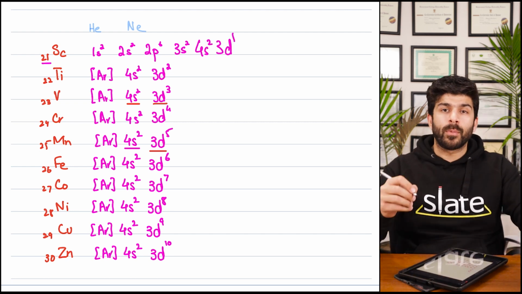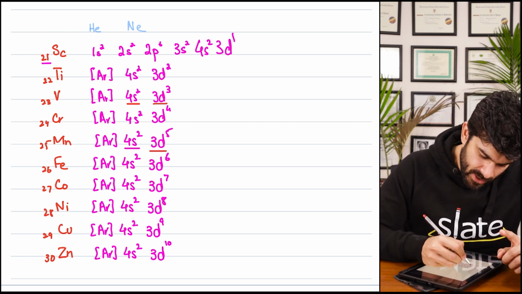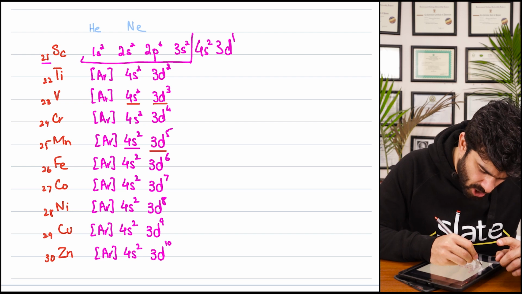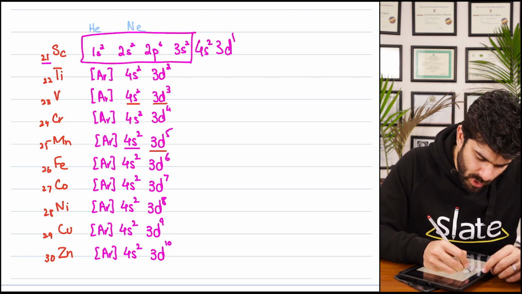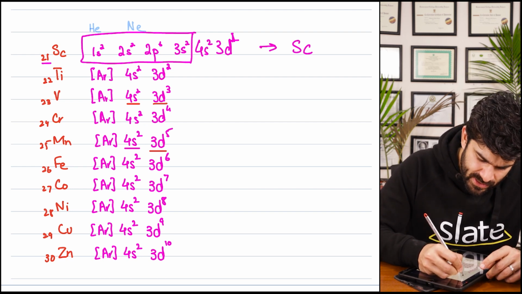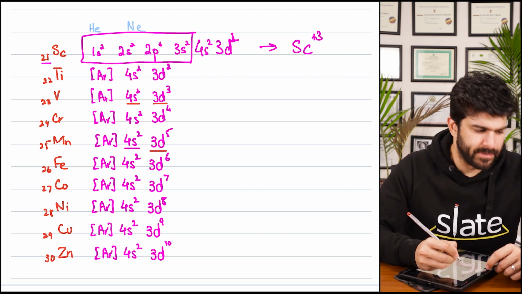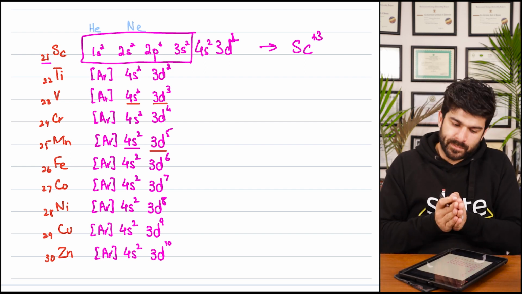Now, if I have to talk about the variable oxidation states that they would have, scandium, as I said, till 3s, it's argon. You cannot remove any electron. Now we only have 3 electrons at disposal. So this will only make Sc plus 3. It's fixed here. Now moving on to titanium.